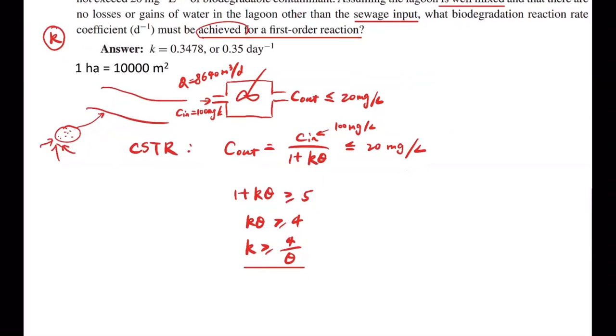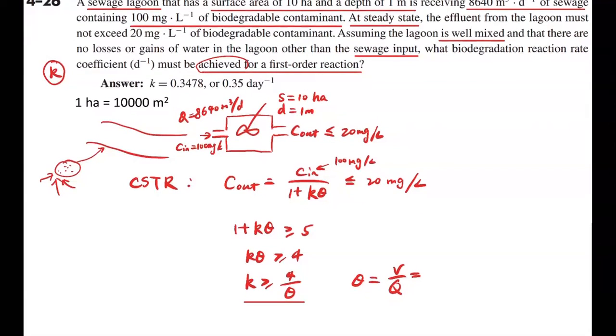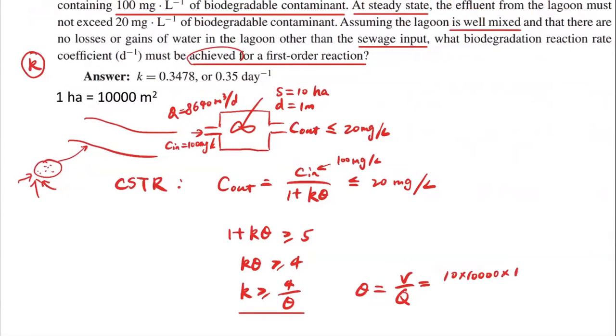Now it's just a matter of solving for theta, where theta is equal to V divided by Q. Since we have the surface area equal to 10 hectares and the depth equal to 1 meter, the volume is 10 multiplied by 10,000 multiplied by 1. So this is the total volume.